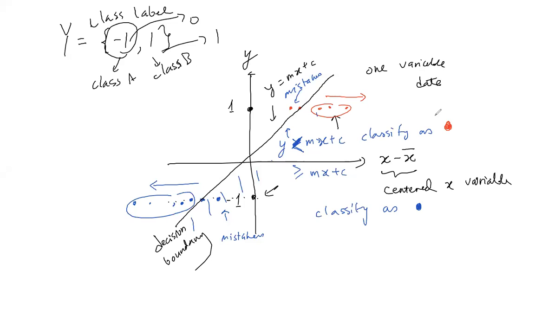Right, so what if you have 2 variables? Let's say you have y equals m1x1 plus m2x2 plus another constant, let's say c. Again, this is very similar. So this is your x1, this is your x2, and on the y-axis, your third axis here, you basically have 1 and -1, right?